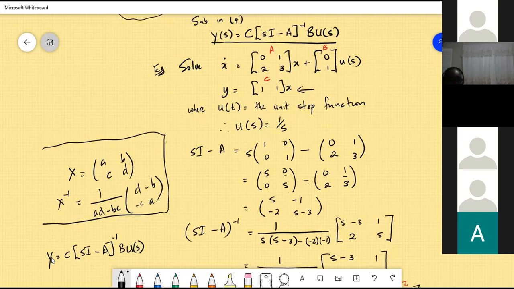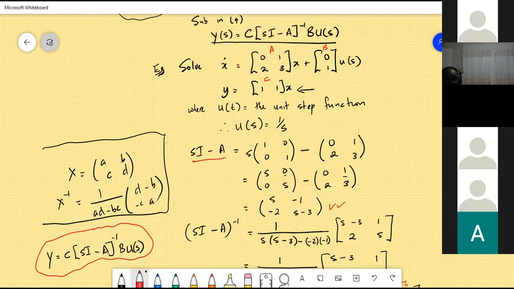We already have this big formula that says my output y is equal to c times (sI minus A) inverse times b times u of s. So I just take my time. First thing I write down is sI minus A, and we get the simplification.